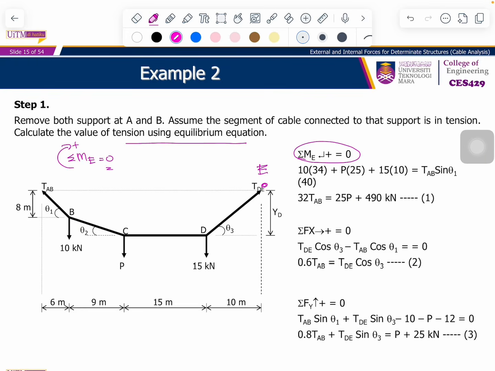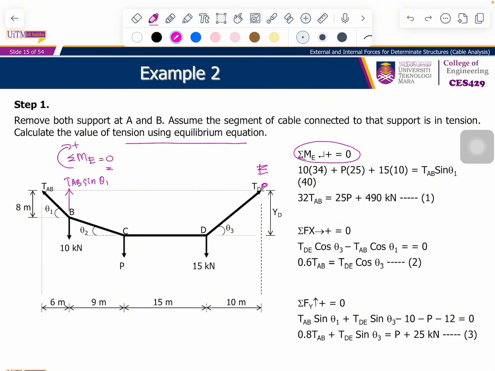We start with TAB, which is an inclined internal force, so firstly you need to resolve this into vertical and horizontal components. The angle at joint B is theta 1, at joint C is theta 2, and at joint D is theta 3.